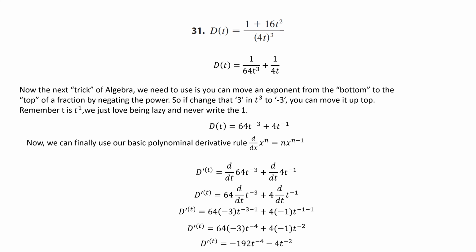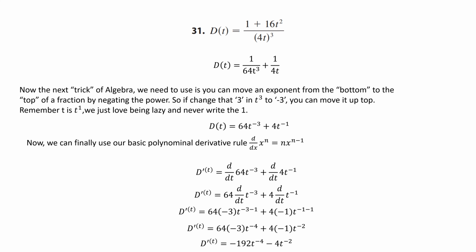So for the first term, we take that negative 3 out in front, and then we subtract 1 from negative 3. And for the second term, we take the negative 1 out in front, and we subtract 1 from the negative 1. And so on the next line, you can see you have 64 times the negative 3, and the negative 3 minus 1 gives you negative 4 in the first term.